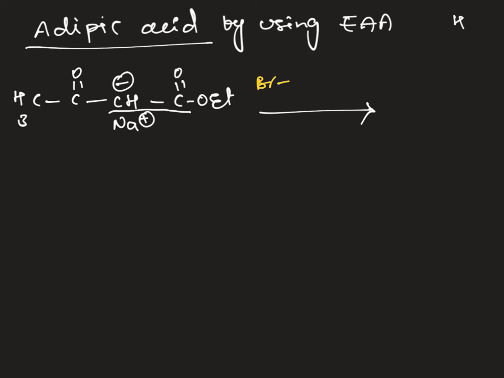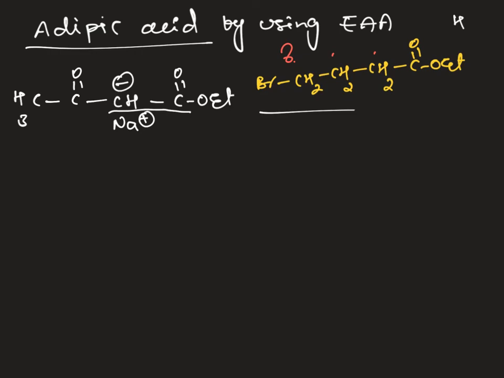How many carbons do we require? Still 4. Three carbons and their corresponding ester. If we had alpha, beta, gamma, this is gamma bromo ethyl gamma bromo butanate.